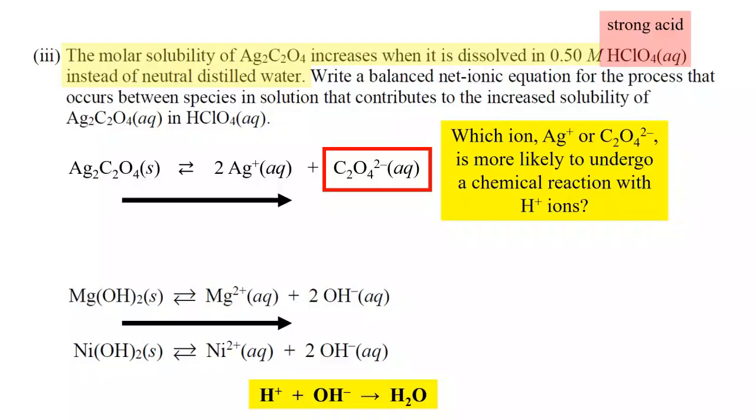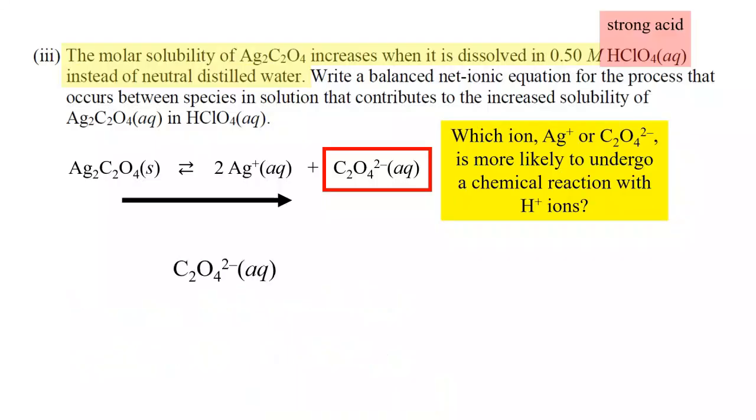Let's put the H plus ion somehow onto that oxalate ion, because then that would cause it to be consumed, and that would shift the equilibrium from left to right as Qsp becomes less than Ksp. So to come up with a chemical reaction between H plus and C2O4 2 minus, that's our plan.